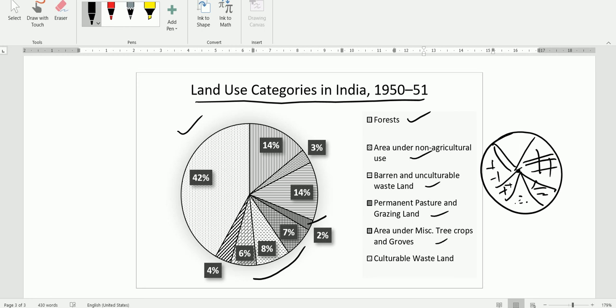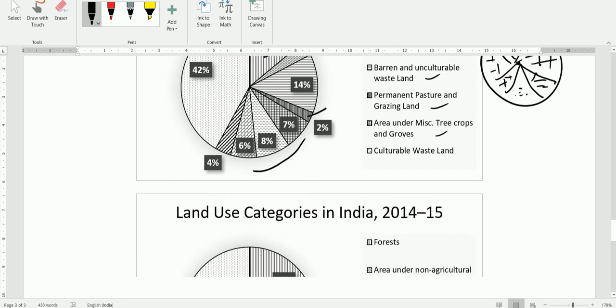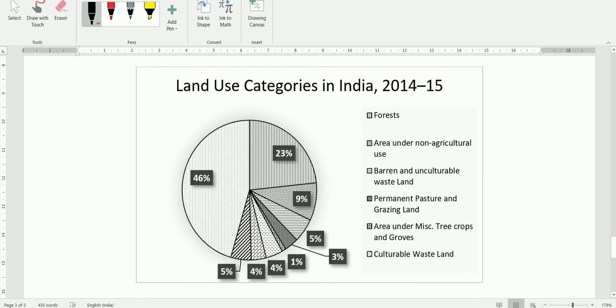So here this is forest, like that, area under non-agricultural use, then so on. And likewise we have another pie diagram. This is for the year 2014-15.